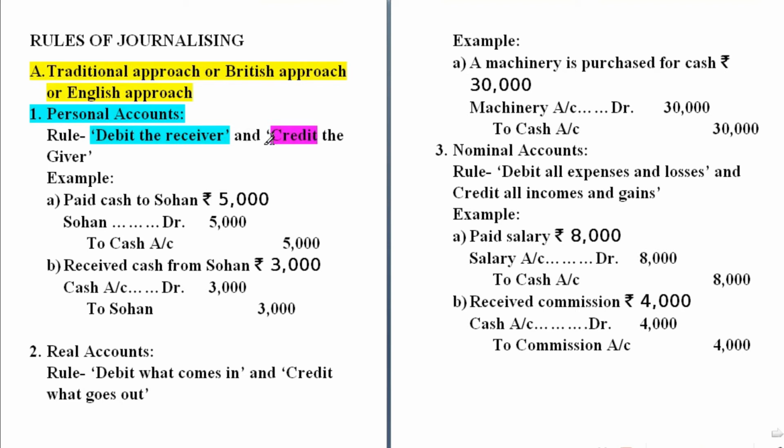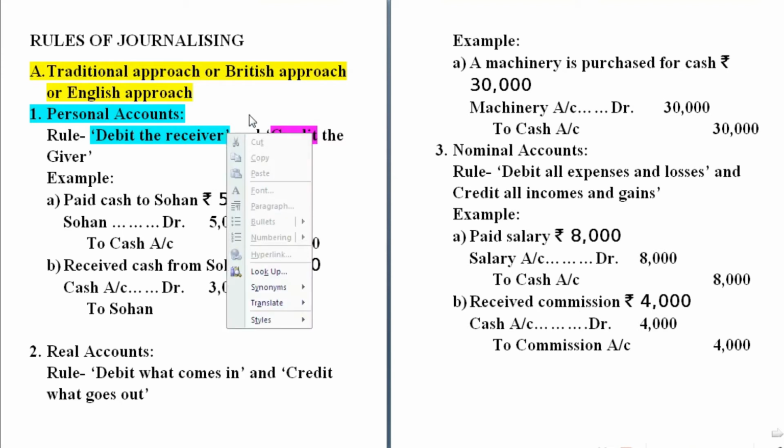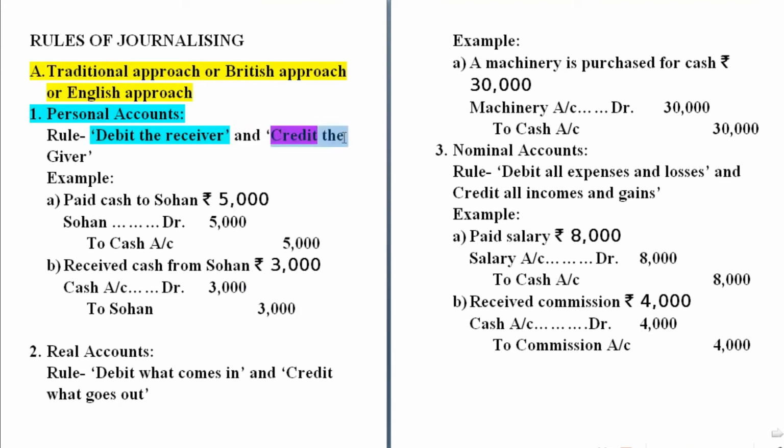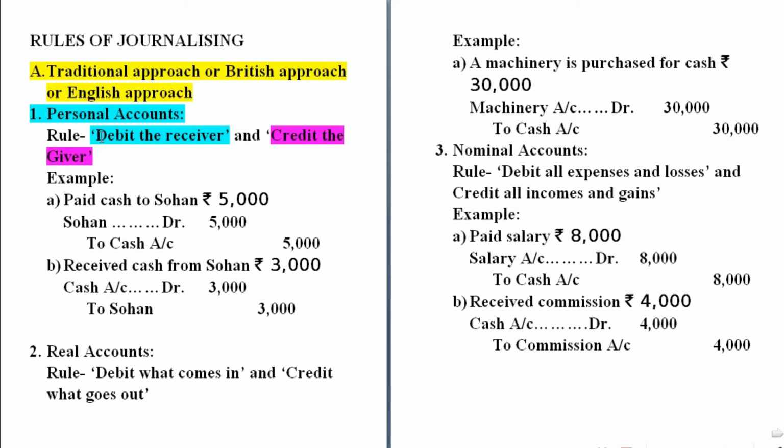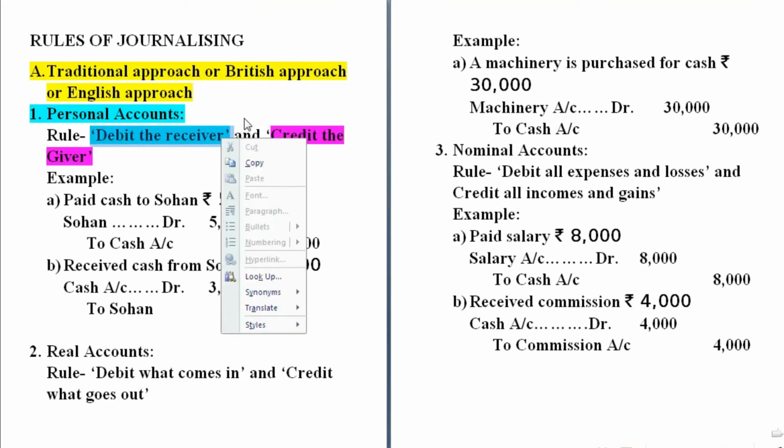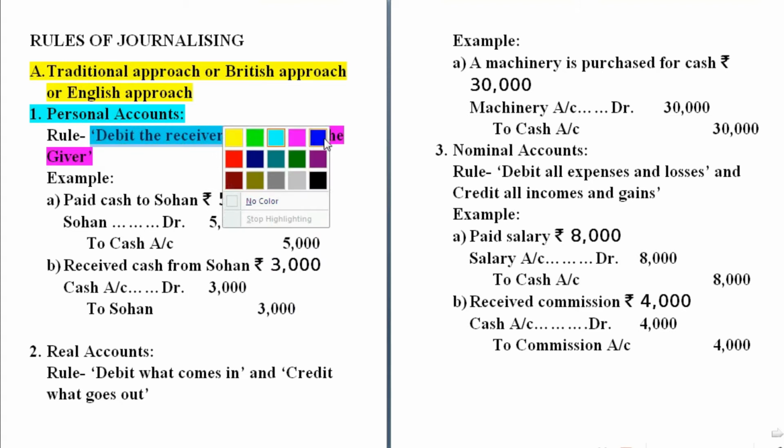So we have to debit the receiver and credit the giver. Here it is: debit the receiver and credit the giver. With different colors I have highlighted this.